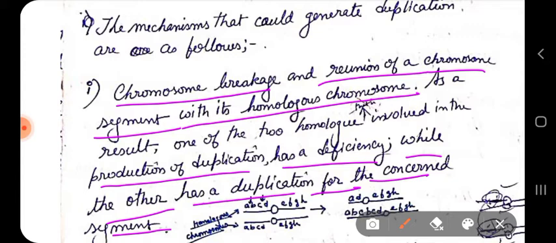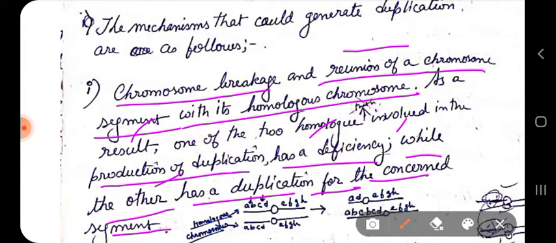Again, I repeat, due to chromosome breakage and reunion of a chromosome segment with its homologous chromosome, one of the two homologous chromosomes involved will have a deficiency, while the other one will have a duplication for that concerned segment.